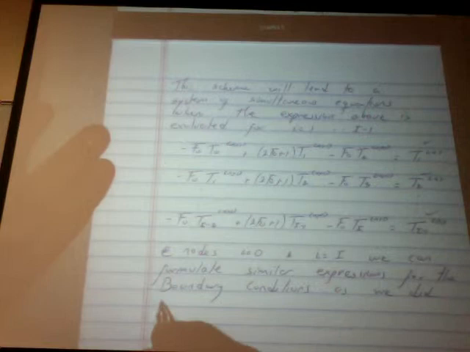At nodes i equals 0 and i equals I, we can formulate similar expressions for the boundary conditions as we did in the explicit scheme.